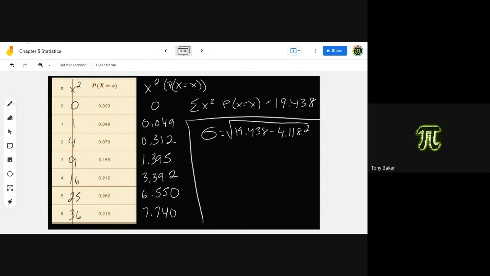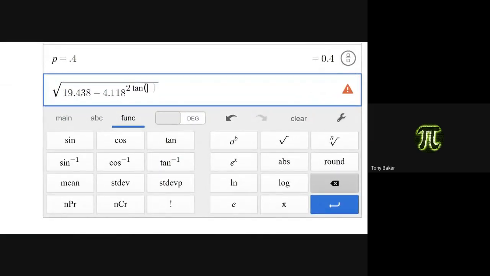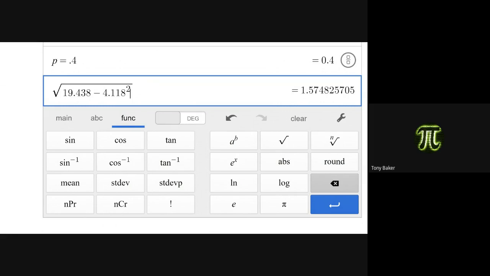Now, depending on how your calculator works, if you're using the Desmos calculator, which is what I'm about to show you in a second, you can type the whole thing in at once. My answer is going to be 1.575.